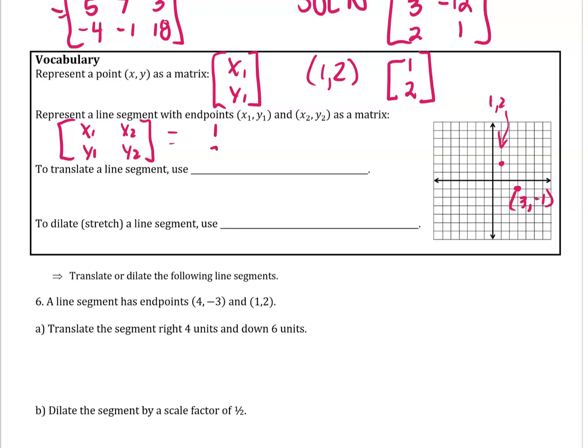I would have 1, 2, 3, negative 1. To translate the line segment, I'm going to use matrix addition or subtraction.